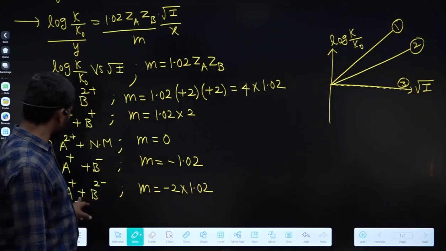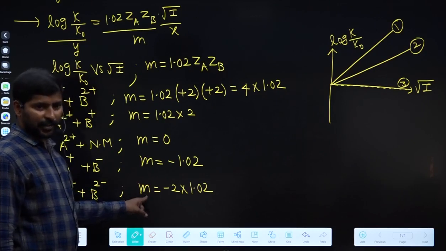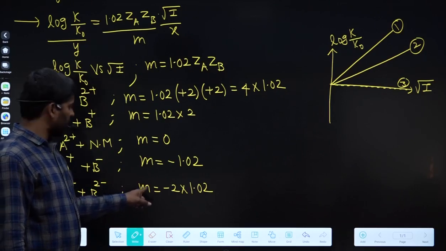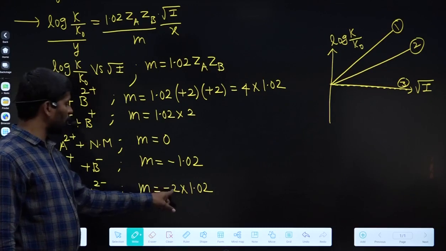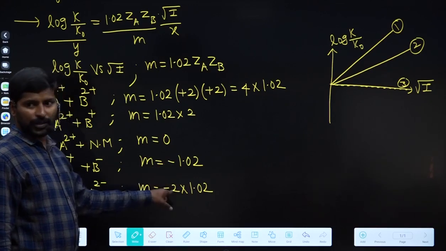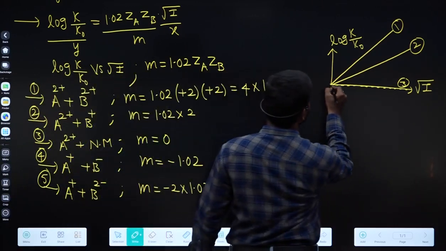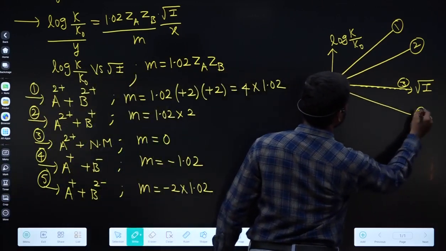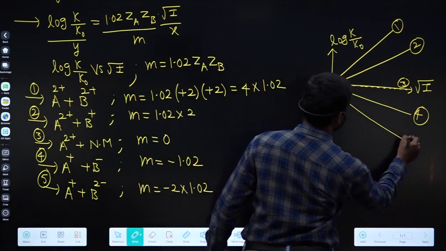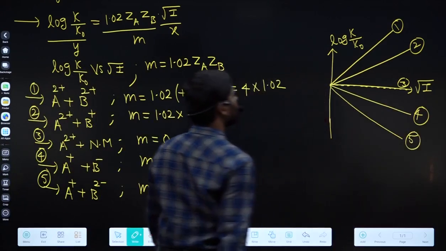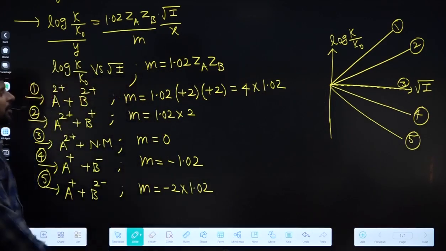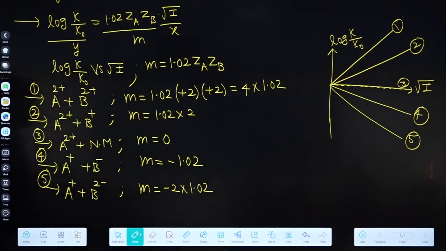The magnitude of slope is high here, negative value, 2 times this one. So this is for the fourth one and this is for the fifth one. So if you plot a graph of log k by k naught versus root I, we will get slopes like this.